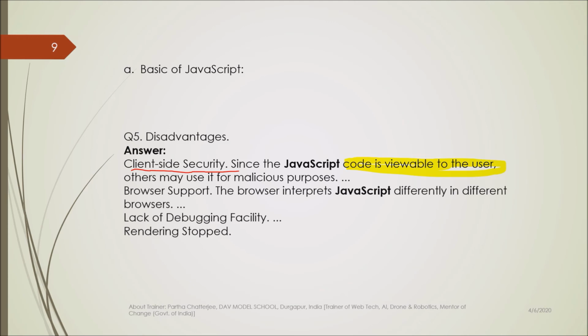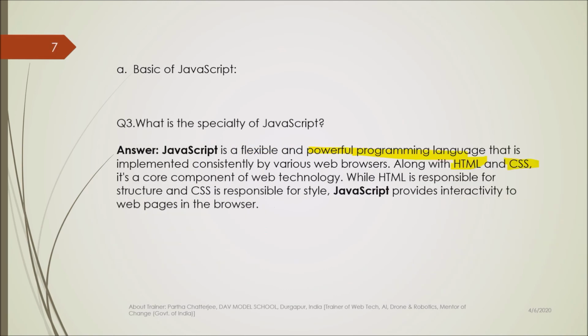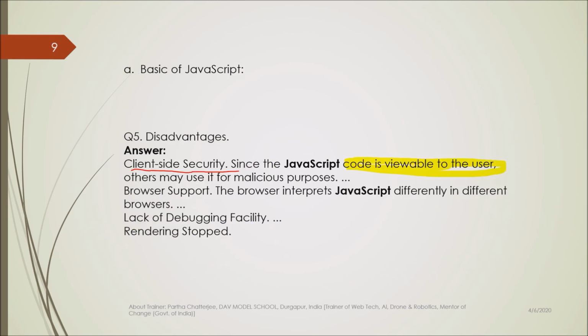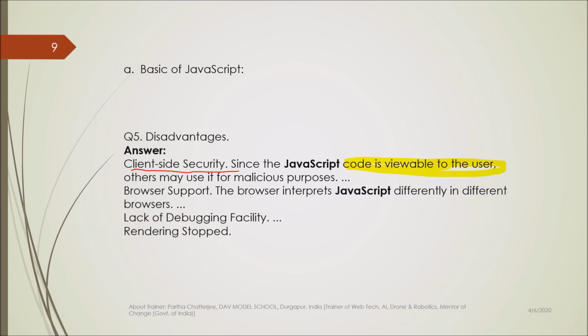And there are debugging facility issues, obviously in comparison with other programming languages. Is it clear? It is lack of debugging or mostly easy to debug. Somewhere it was written earlier that it is easy to debug. Yes, here it is written easy to debug, and now it is showing lack of debugging facility. Means what?